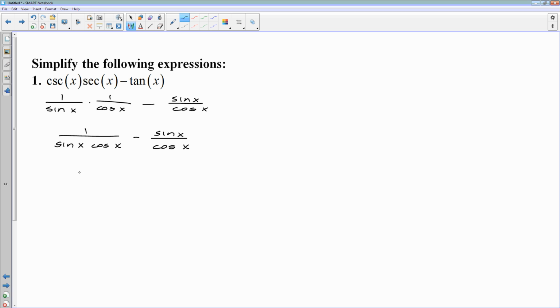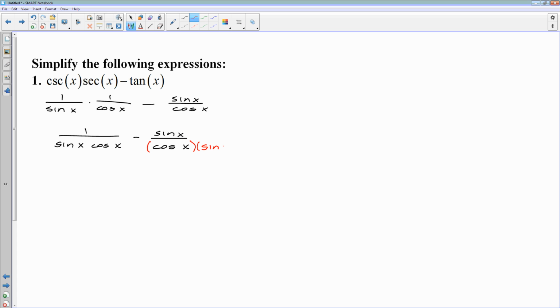Let's see, what can I do with that? We are subtracting 2 fractions now, so I'm going to get a common denominator, which is a fairly common approach to problems like this. I was hoping that something would cancel, but nothing canceled, so I'm going to get a common denominator and combine these. They both have a cosine, but this one is missing a sine.